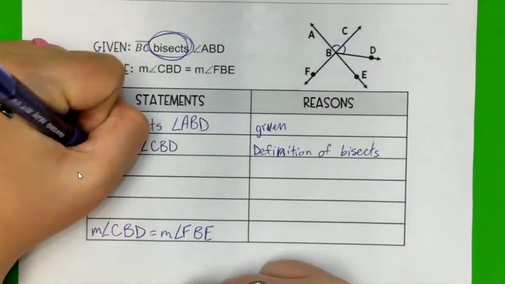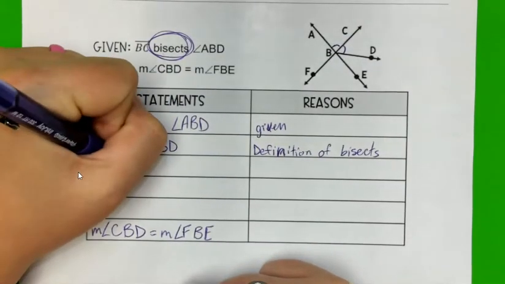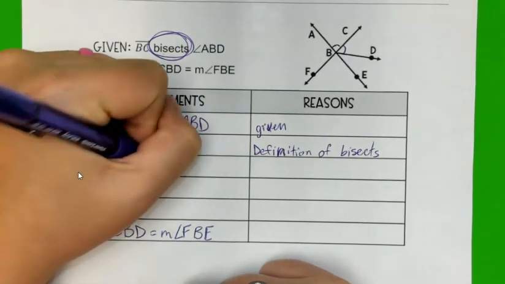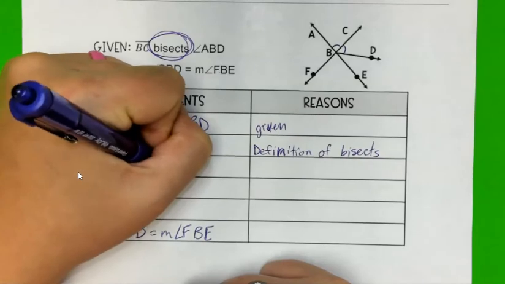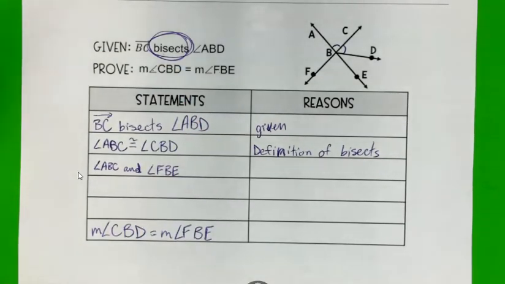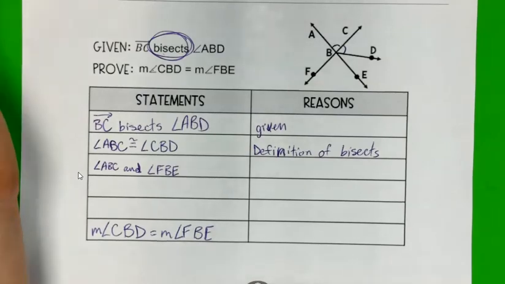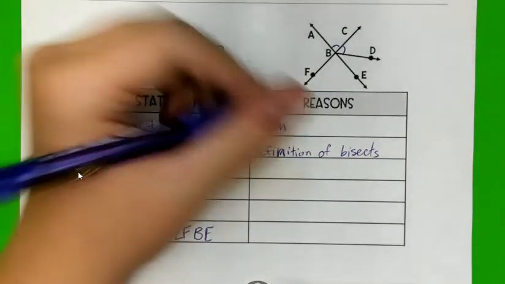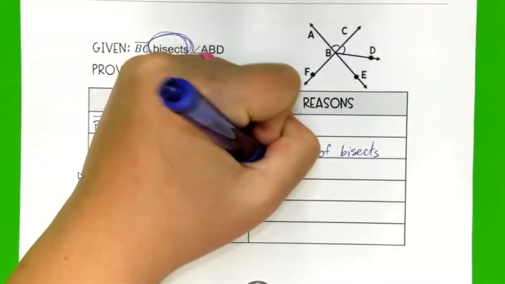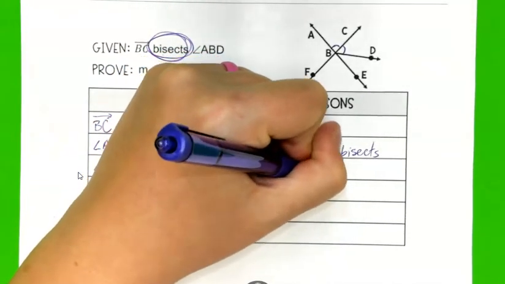So angle ABC and angle FBE, they're vertical angles, and we know that because we know what vertical angles are. Alright, so you can just write vertical angles here.